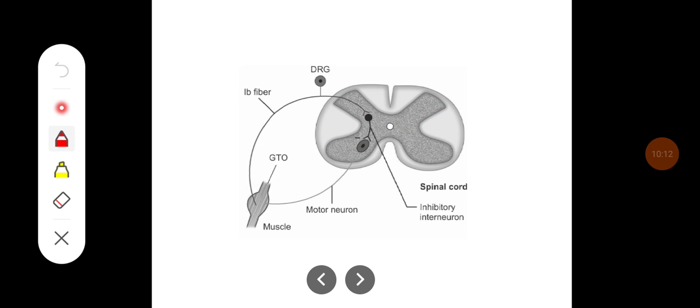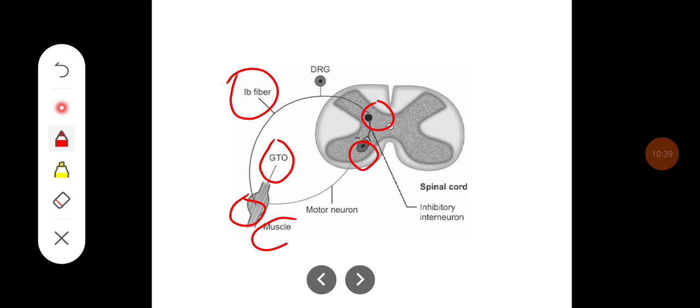So here in the autogenic inhibition reflex, when the muscles are excessively contracted, the Golgi tendon organs are stretched, and the 1B fibers are the afferent fibers, and from there they go to the interneurons, and they produce inhibitory neurotransmitter on the anterior motor neuron, and that is going to relax the muscle fiber.